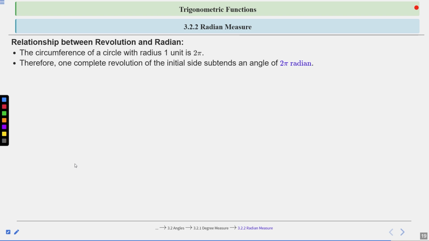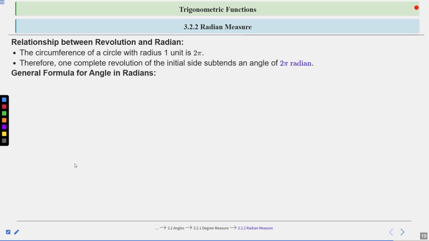So how much have you covered on the circumference? 2 pi units. Simple. Clear? So this revolution gives you how many radians? 2 pi radian. So we have a relationship: one complete revolution gives me 2 pi radian. The second point is clear.